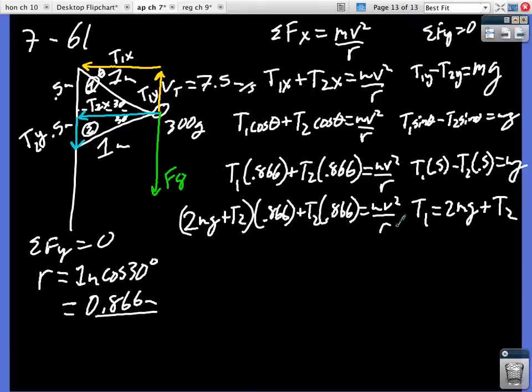M is 0.3, so 0.3 times 10 is 3, so 2mg is 6.